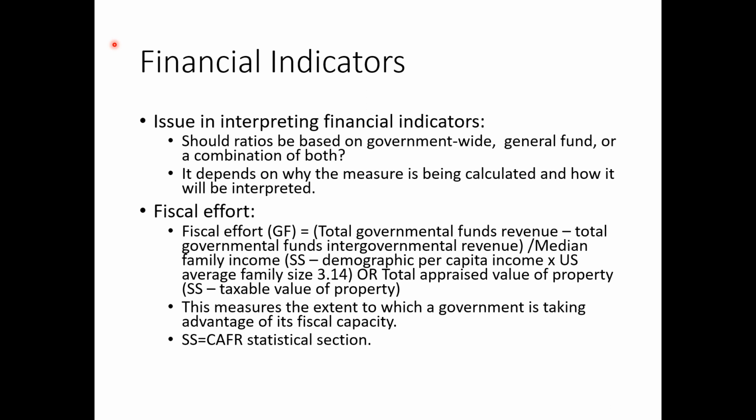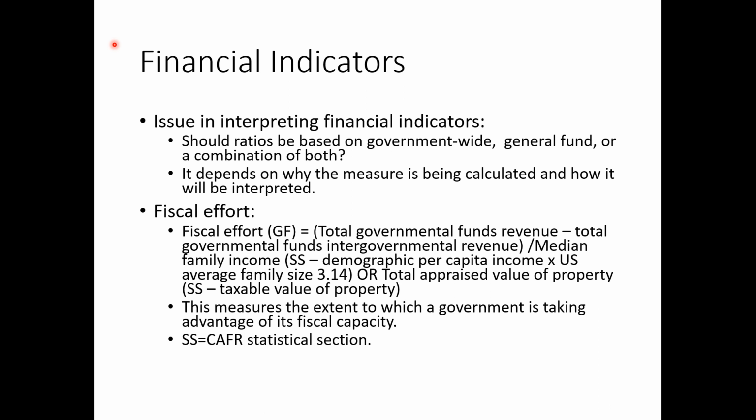For example, if we want to look at the whole picture of the government, maybe the government-wide statement is a better choice. If we need to look at a specific program or function, then the government funds could be a better choice. So it really depends.